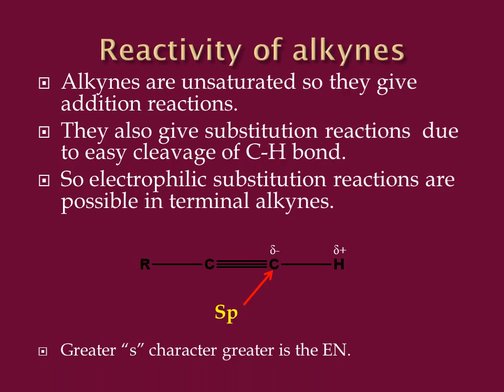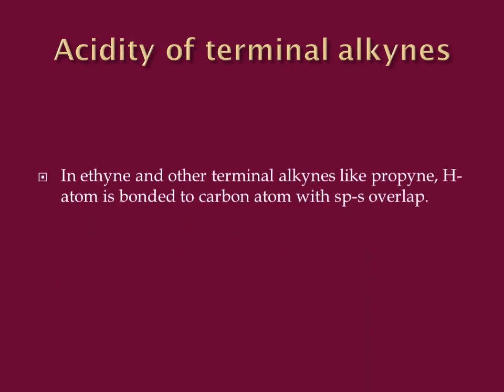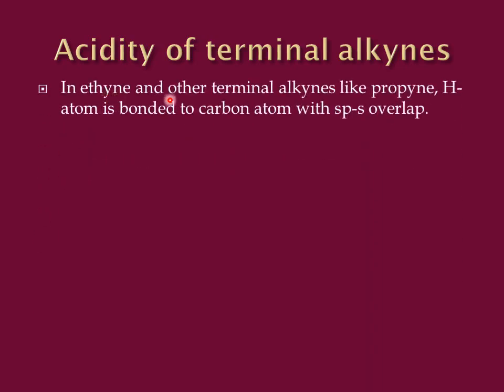Now students, all these factors make the terminal alkynes acidic in nature. Let us look at the salient features. In ethyne or other terminal alkynes like propyne, the hydrogen atom is bonded to a carbon atom, which is making a sigma bond by sp and s overlap, the s orbital of the hydrogen and the sp hybridized orbital of the carbon.